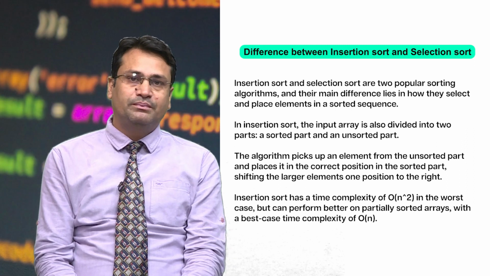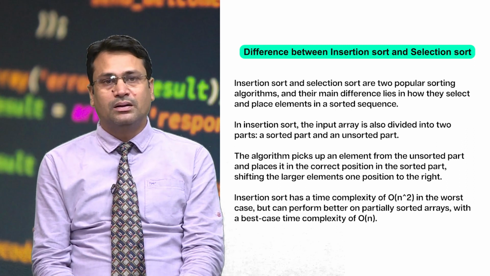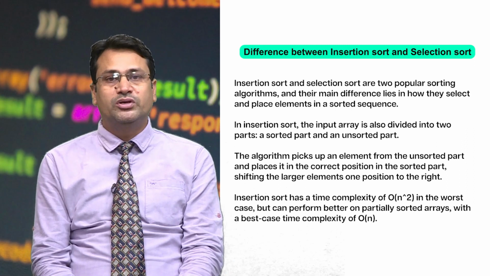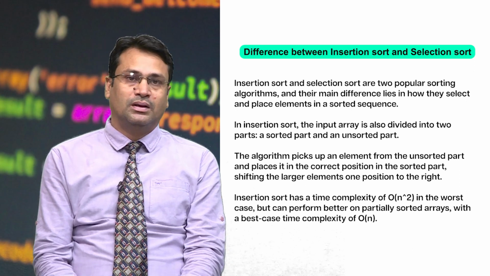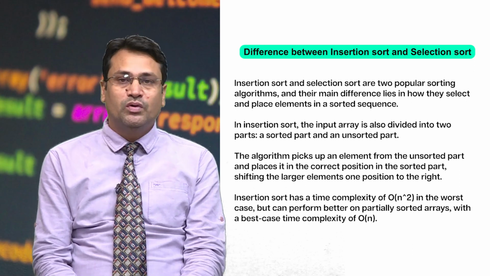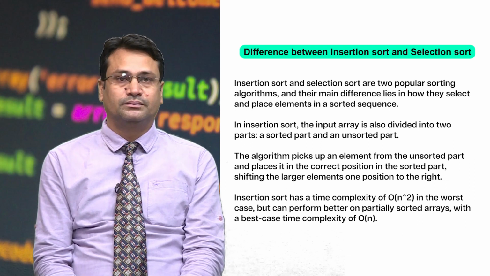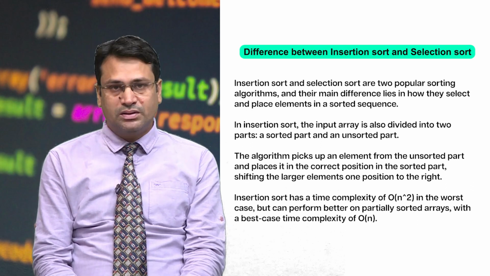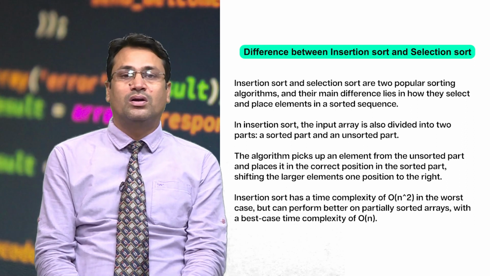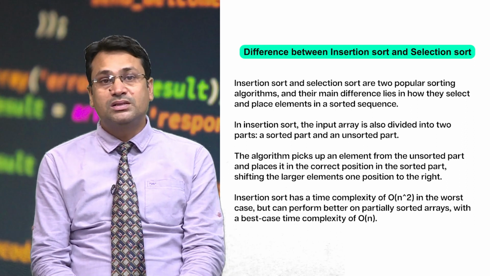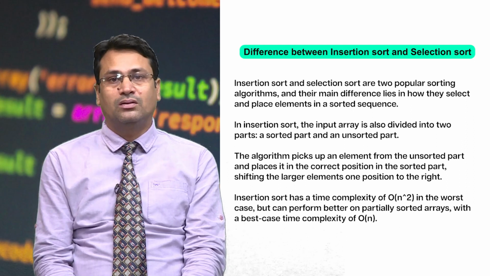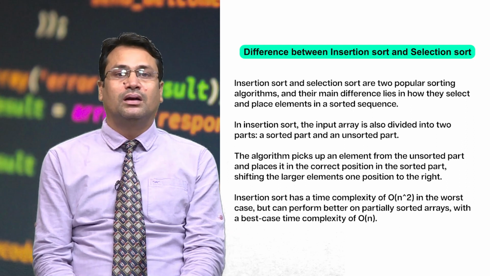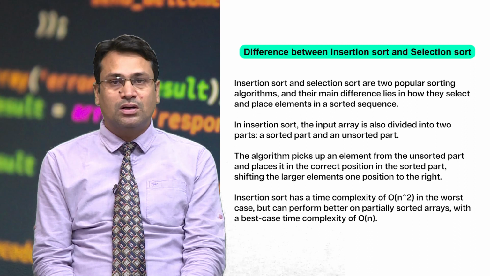The algorithm picks up elements from the unsorted part and places them in the correct position in the sorted part, shifting the larger elements one position to the right. Insertion sort has a time complexity of O(n²) in the worst case, but can perform better on partially sorted arrays, with a best case time complexity of O(n).